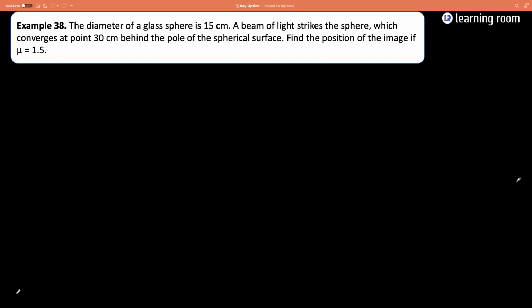Solve this. The diameter of a glass sphere is 15 centimeter. A beam of light strikes the sphere, which converges at a point 30 centimeter behind the pole of the spherical surface. Find the position of the image formed if mu is equal to 1.5.